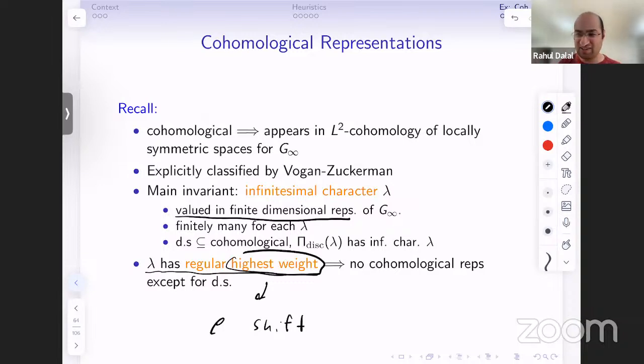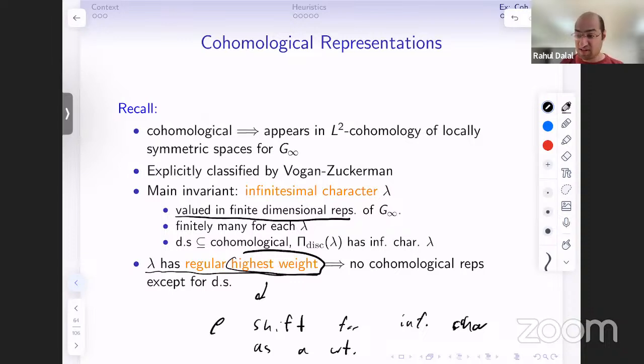So this is a technical note for the people that have seen this before, just to make sure that there's no confusion about normalizations. Normally you would think that the infinitesimal character minus rho needs to be regular, but I'm using a different normalization where I'm matching the infinitesimal character to the finite dimensional representation and looking at the highest weight of that representation. So that's just a caveat.